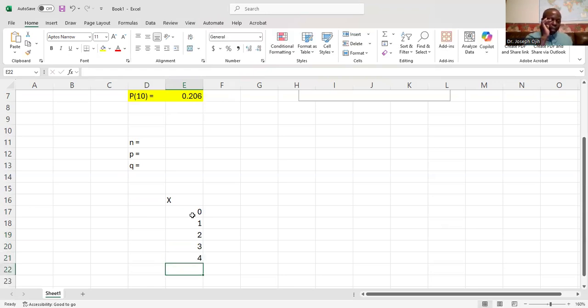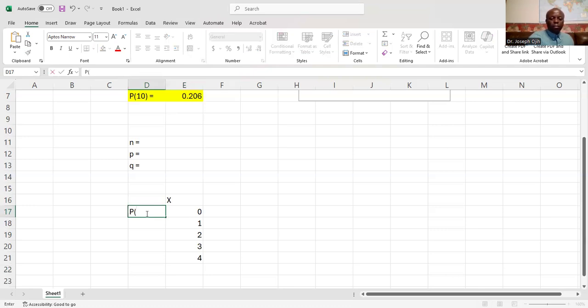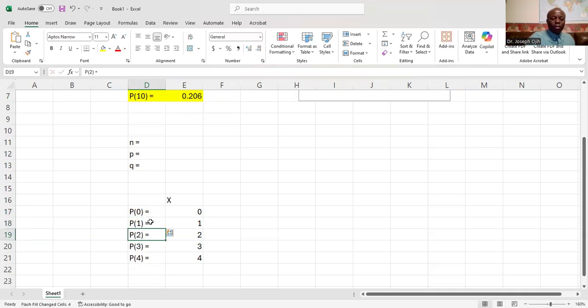So that means we're looking for P(X), P(0), P(1).